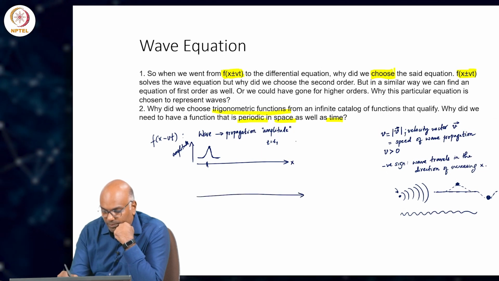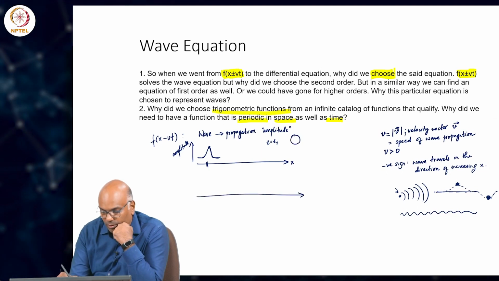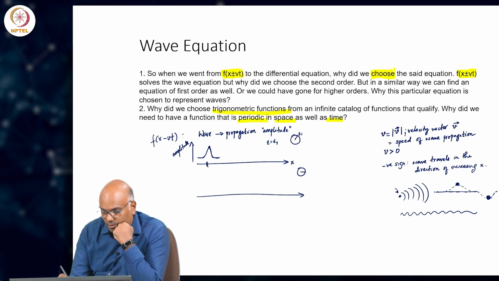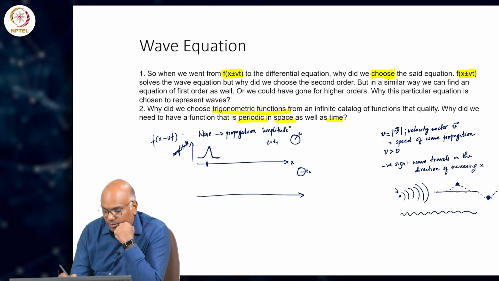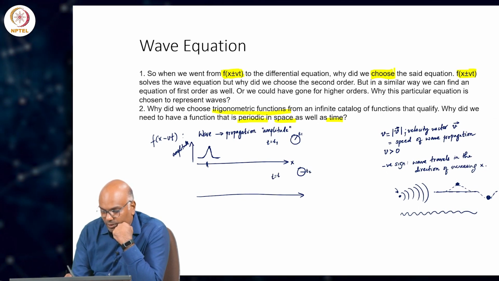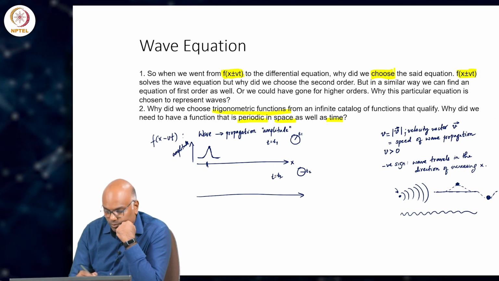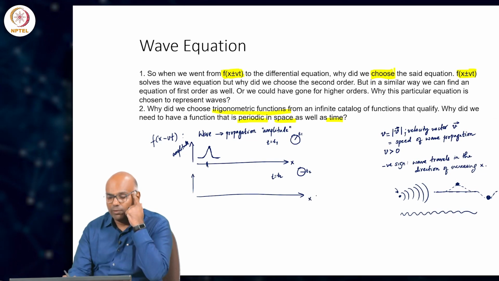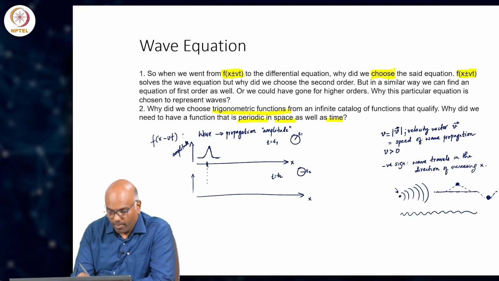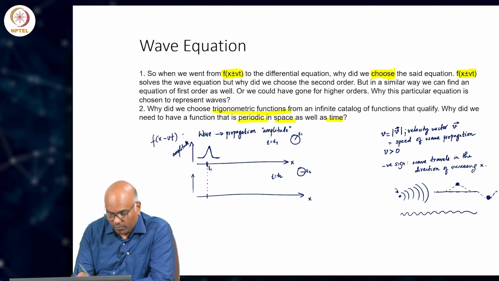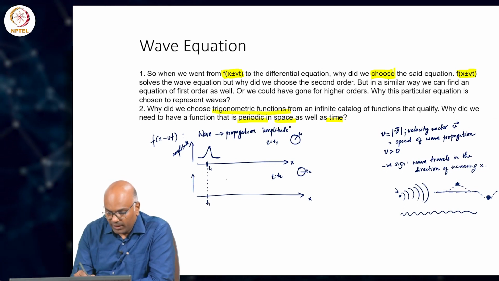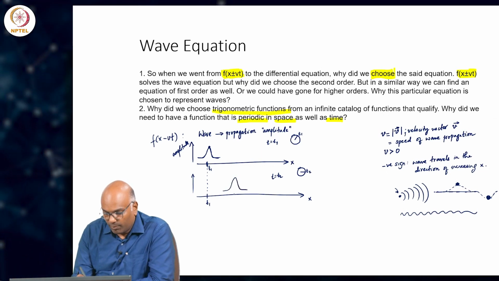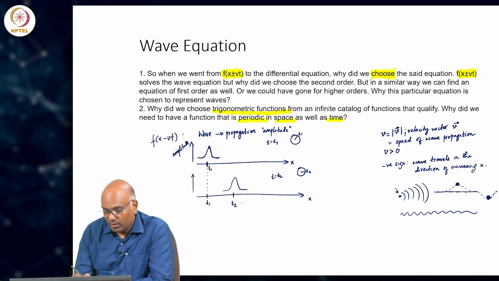Then as time lapsed, so let us say your clock started, this was t1, and then time elapsed and you went to t2. So, true to the nature of the wave phenomenon, what do we expect? We expect that the entire structure has moved if it is a forward propagating wave propagating in the direction of increasing x.